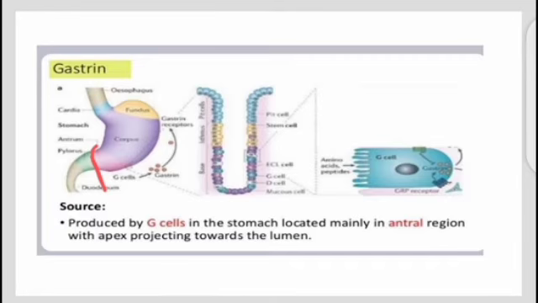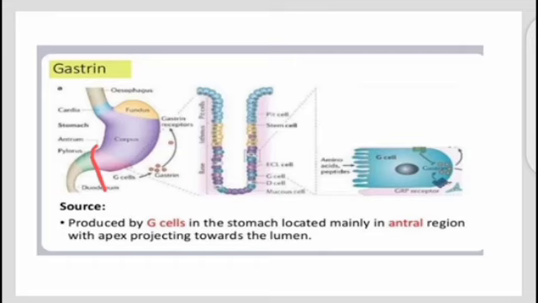The first one is that gastrin stimulates the secretion of gastric acid by the parietal cells of the stomach. So the released gastrin is going to increase the production of hydrochloric acid, that is HCl, inside the stomach. It also increases stomach motility.